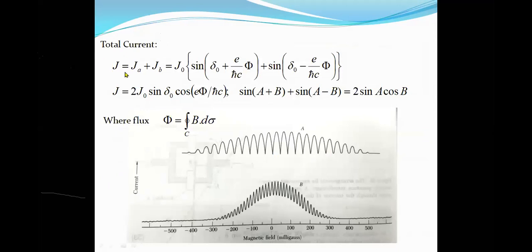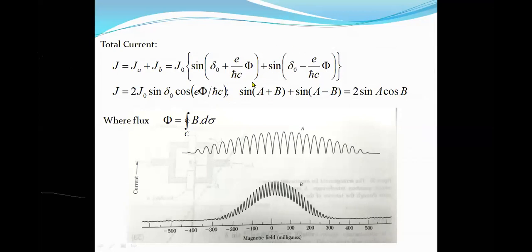Now, because in interference you superpose these currents, J is equal to JA plus JB, or J naught sine of delta naught plus eφ/ħc plus sine of delta naught minus eφ/ħc.